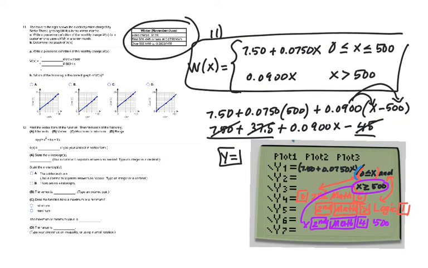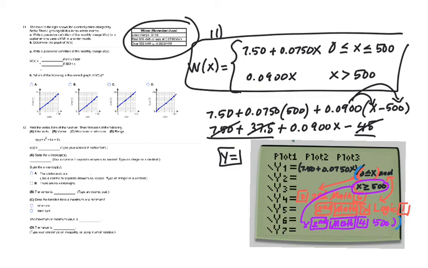Then close the parentheses on that bottom portion, and close the parentheses again for the whole denominator. This will allow you to represent the first portion of the graph for anything greater than or equal to 0 and less than or equal to 500.